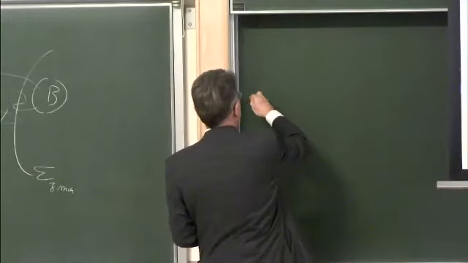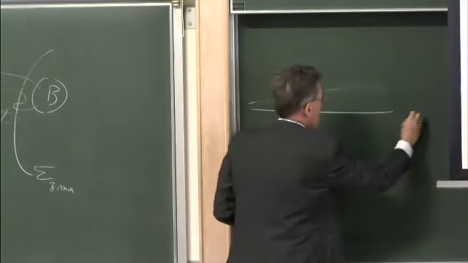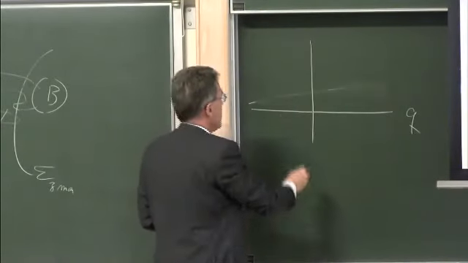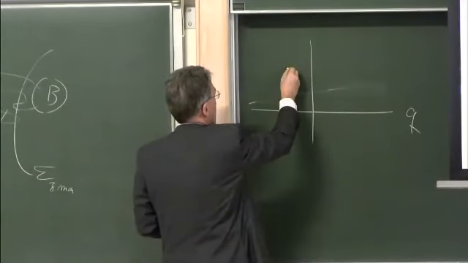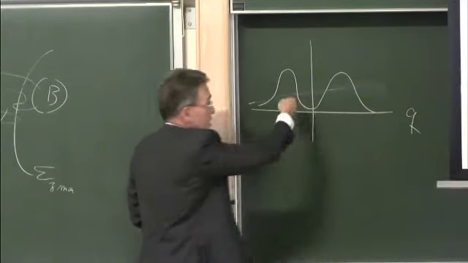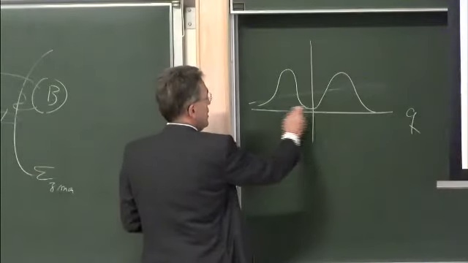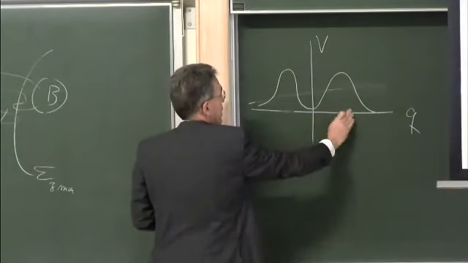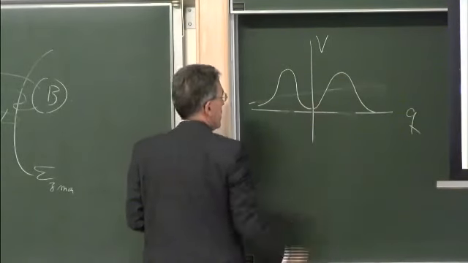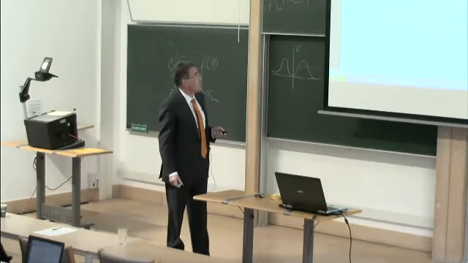So this is a scalar. This is the q-axis, and this is my probability. So this is bimodal. So this is an area of high probability in the q-axis, and this is an area of high probability, and here this is a location with a low probability, and this is the corresponding potential.